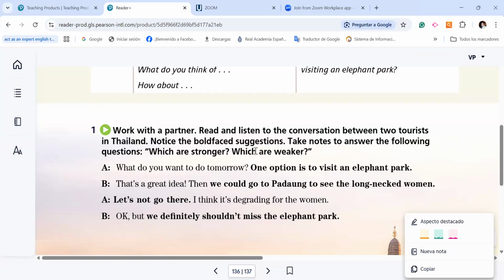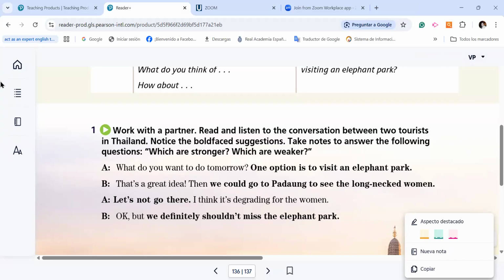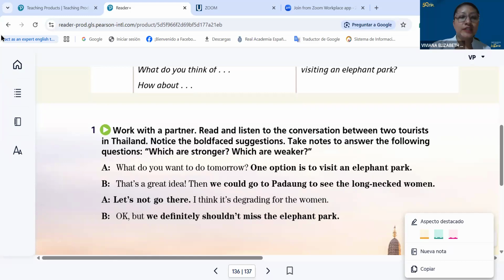I want to know which modal or phrase was used, because you have read the entire suggestion. I don't know, teacher. Sorry. Okay, thank you. Pamela, do you want to participate? The phrase we could. Yes, the modal could was used in this suggestion. Very good. Thank you.